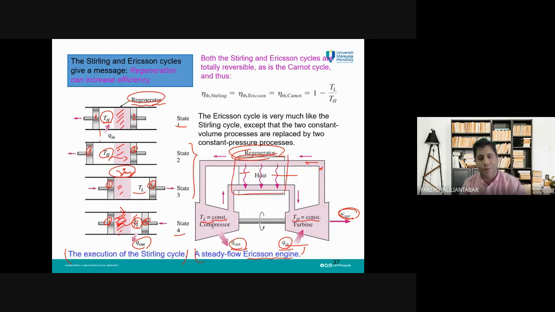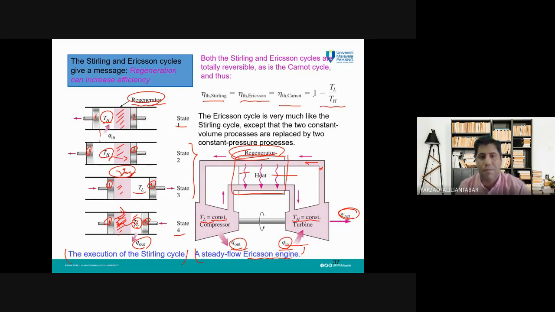Generally, for the compressor, the lower the temperature of the gas, the higher the efficiency. Later, we will discuss more about that. However, based on the thermal efficiency of the Carnot cycle, I will tell you that the thermal efficiency of the Stirling engine and the thermal efficiency of the Ericsson cycle are equal to the thermal efficiency of the Carnot cycle.